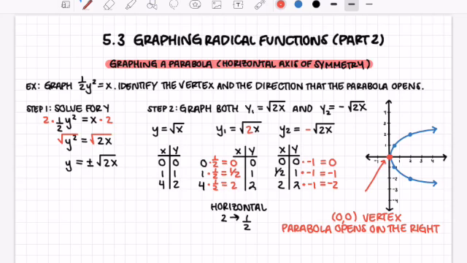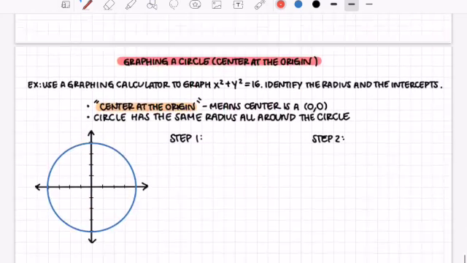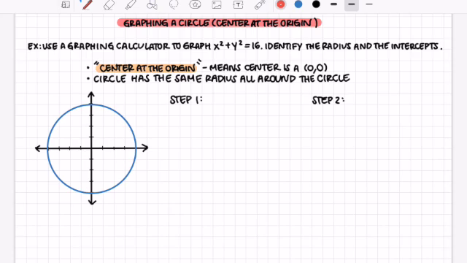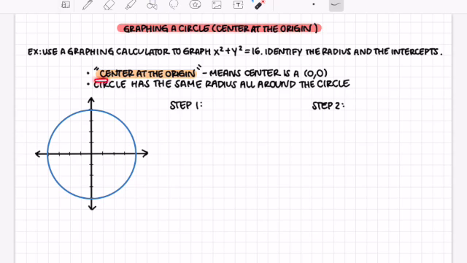Okay. Last one that we're graphing out is a circle. Now, it's not just any circle. It's a circle which has a center at the origin. So this part's important. Whenever we're looking at center at the origin, that means that the circle's center is at 0, 0.